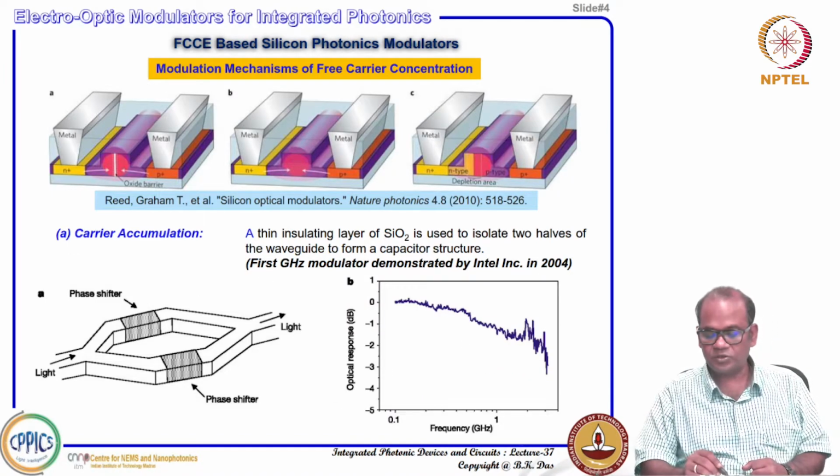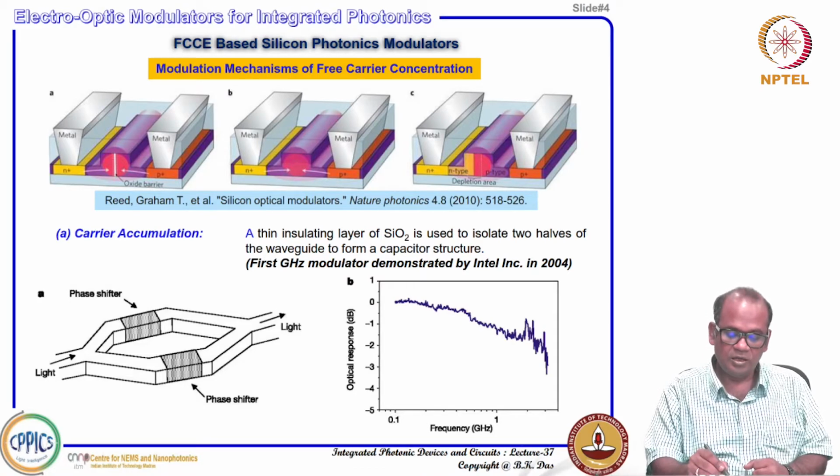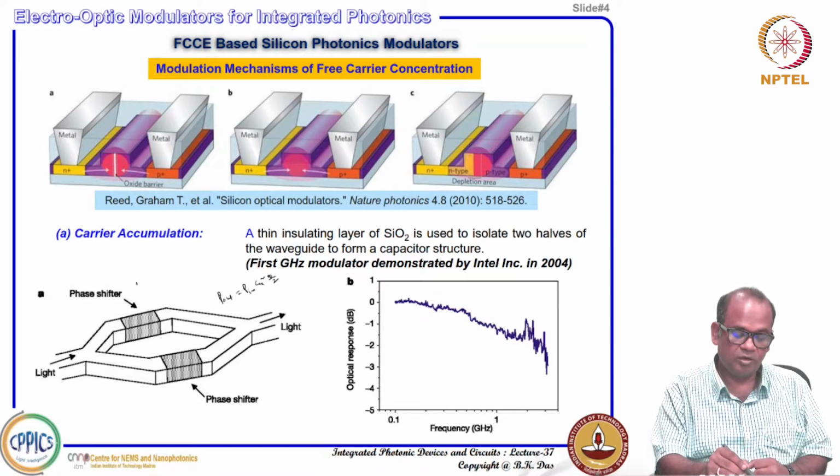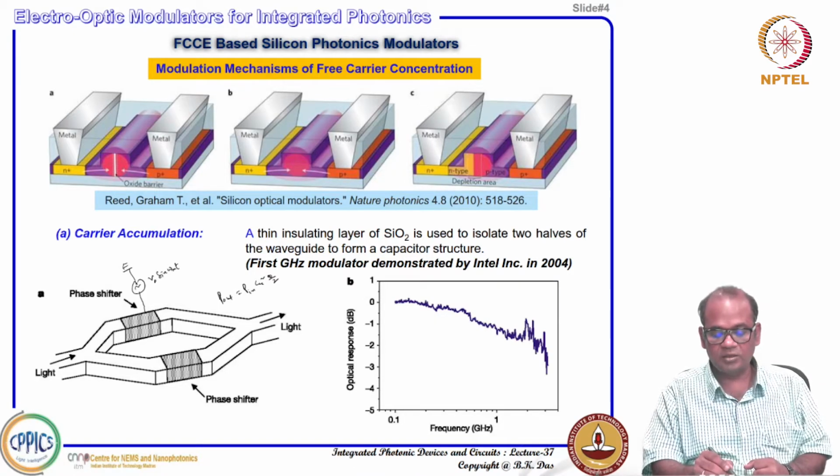And then, as I mentioned, P output will be equal to P input cosine square of phi by 2. Normally, suppose you are giving a modulation frequency here, and this one is grounded, and you give V0 sine omega m t as the modulation, and depending on that your phase will be modulated, and as the phase is modulated, your light intensity will be modulated.